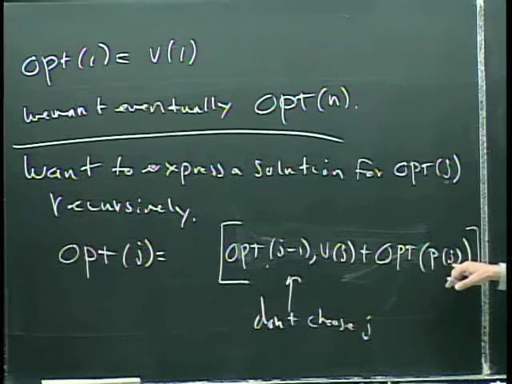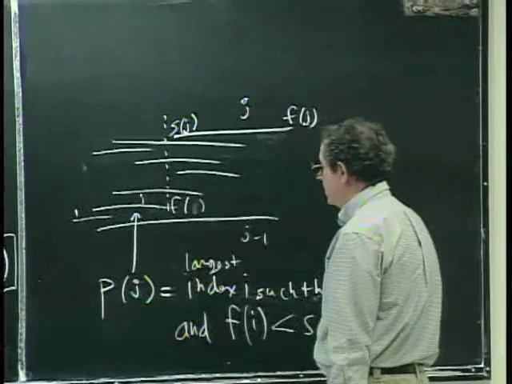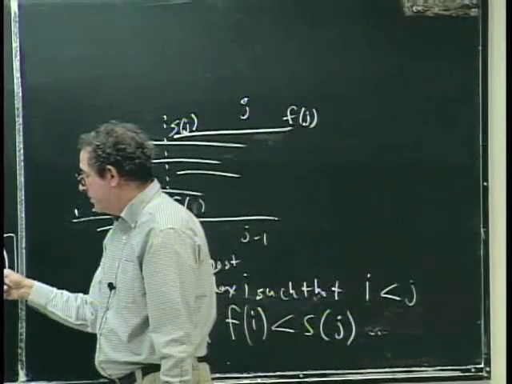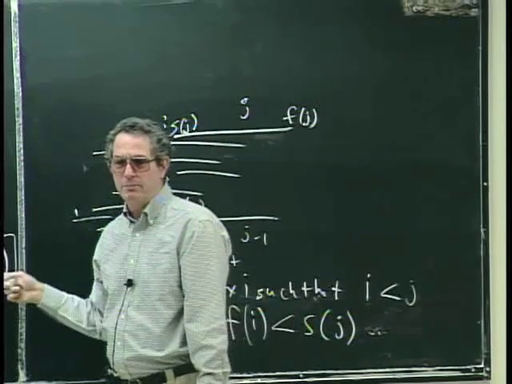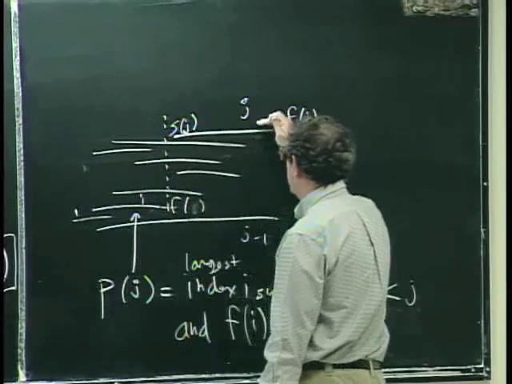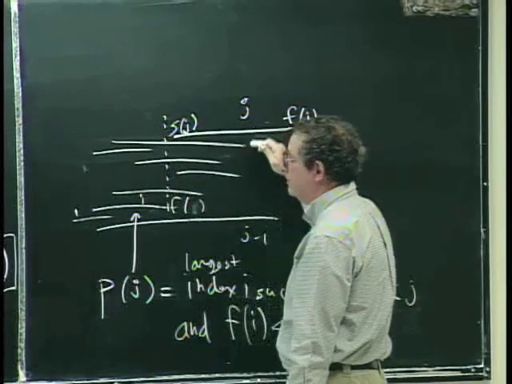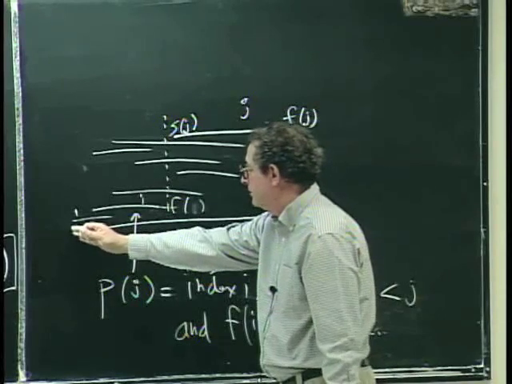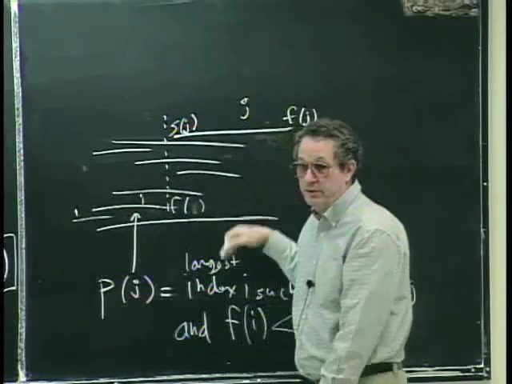Pj depends on j, okay? In this picture here it was this I, but generally it's pj. Okay, so this interval pj depends on j. Does everybody see that? This is the critical point in terms of understanding this recursion. That if you take j, the only other permitted intervals you can take, if we're considering intervals from 1 through j, are the ones that don't overlap j.